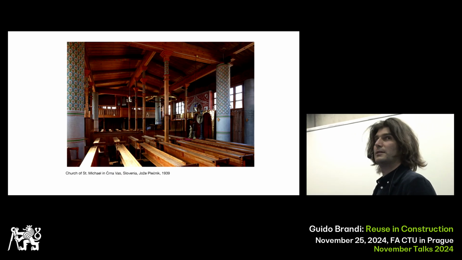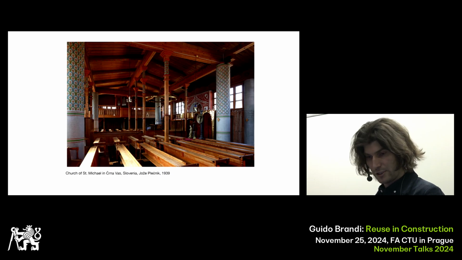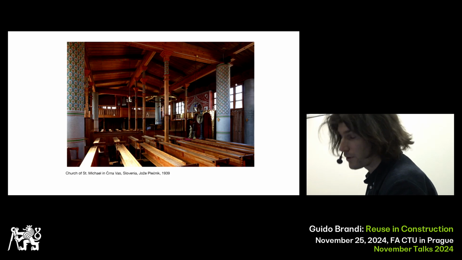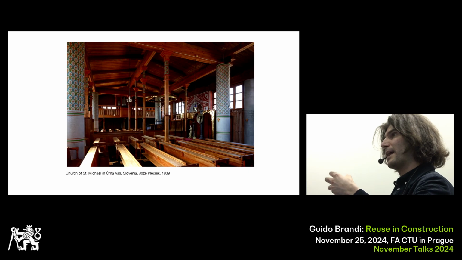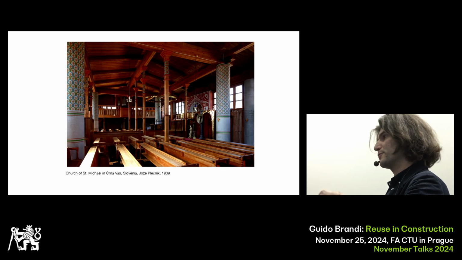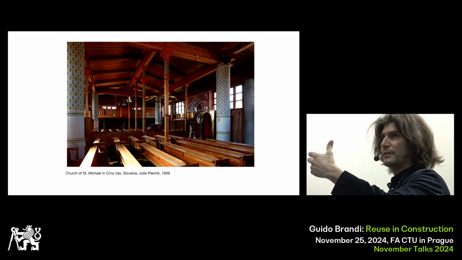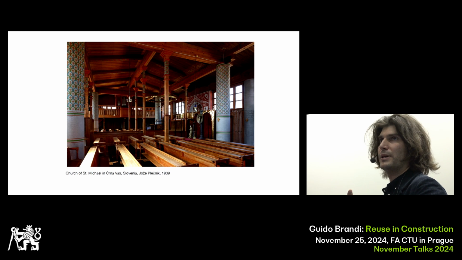Or another amazing project from Plečnik, the Church of Saint Michael, where those are new elements, but those are concrete pipes used for canalization that were suddenly put in a vertical way, and with some decoration on them, they became church pillars.